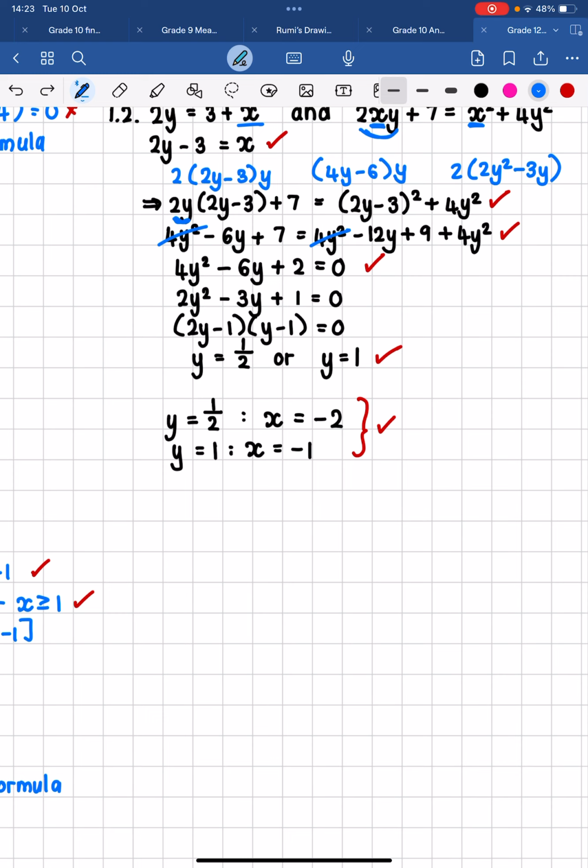So you would get a CA mark here for the standard form. And then if it's something that can be factorized, or if it's an equation that can be solved, you would get CA for your y values and then also for your x values. Okay, because all of that obviously depends on what you're getting for your standard form.